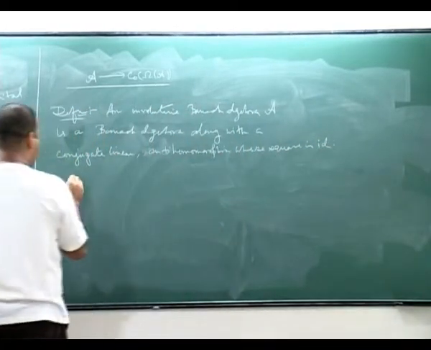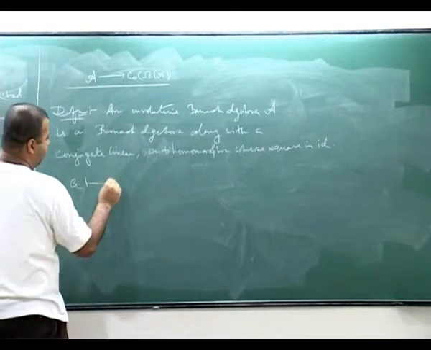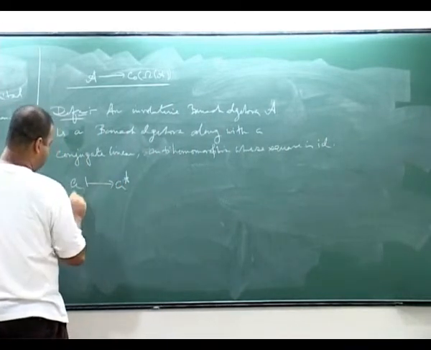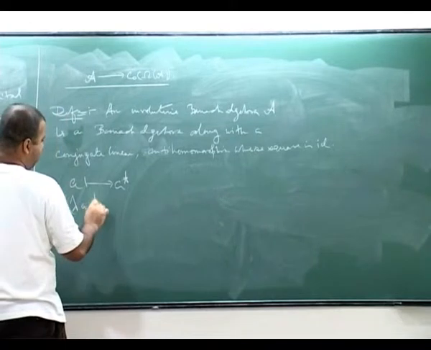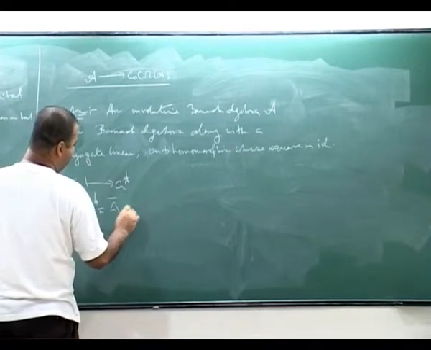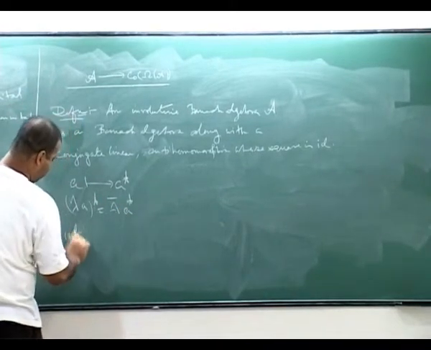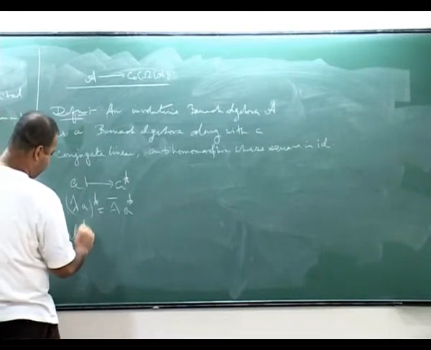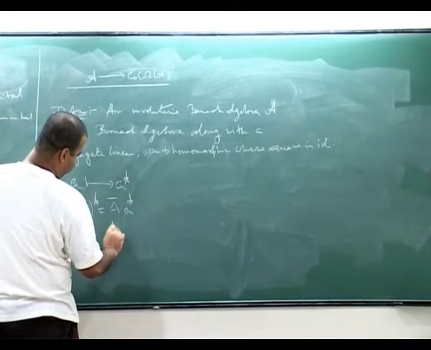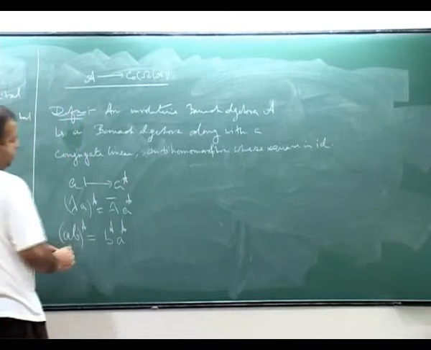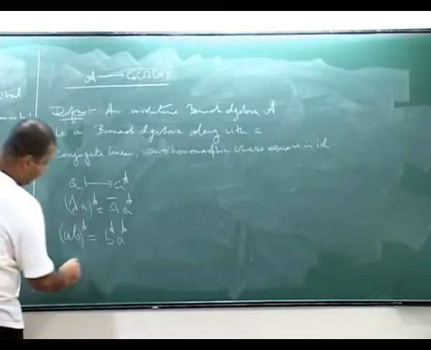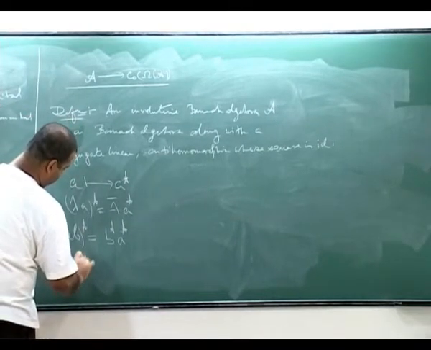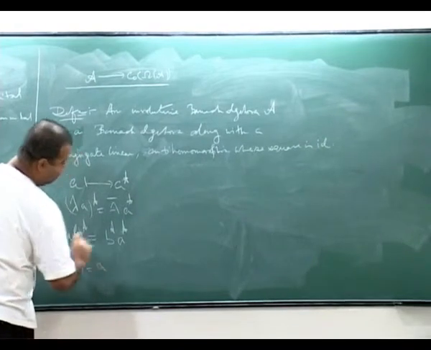That means we have a map A going to A star such that lambda A star is lambda bar A star. It is conjugate linear. Anti-homomorphism means this direction changes: A B star is B star A star. Square is identity means A star star is A.